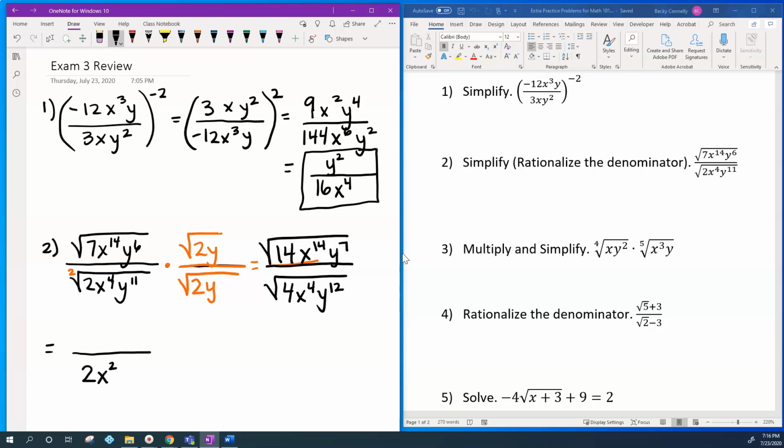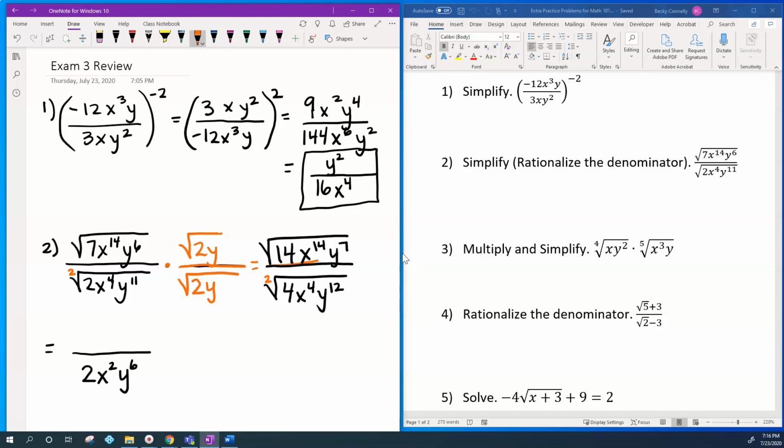And the square root of y to the 12th power is going to be y to the 6th power. Remember, you're just dividing: 12 divided by 2 gives you 6, and 4 divided by 2 gives you 2. That's how that's working.